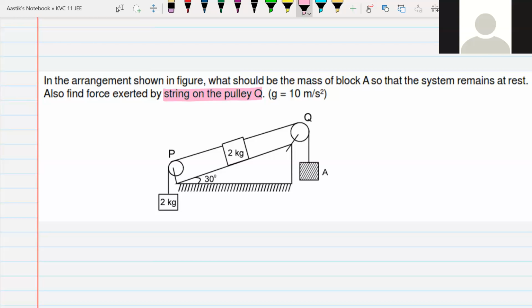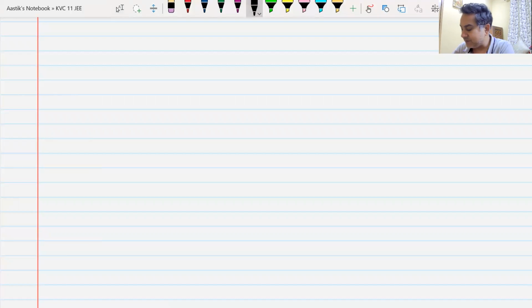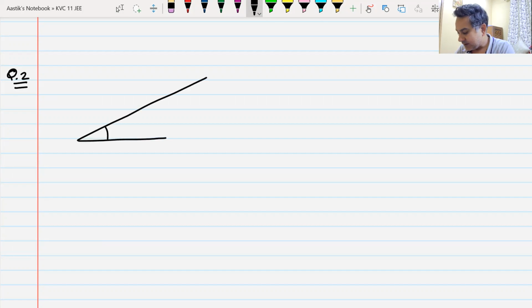Now, do one thing. Before doing this question, just leave some space. Instead of doing this straight away, let me give you my version of a simpler question first. So let us solve this question first, and then we will move on to that one. Let us say that this is an inclined plane of angle 30 degrees.